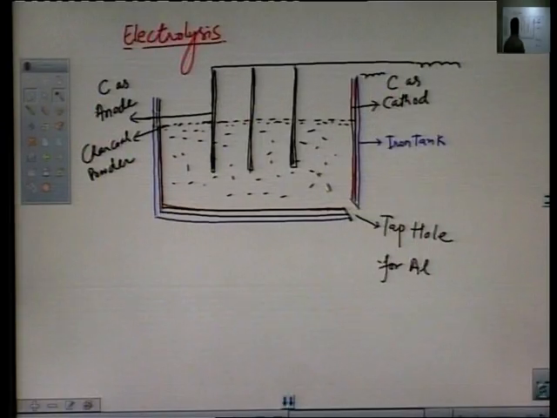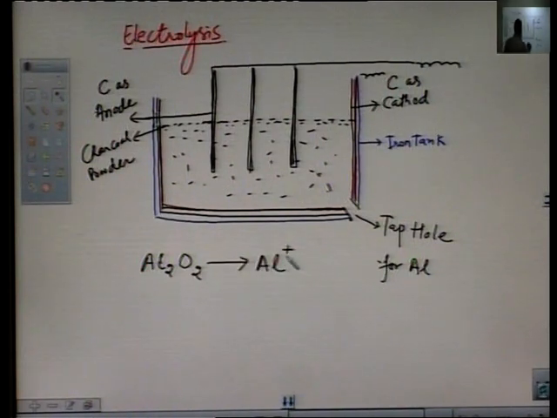So the different reactions at cathode and anode are as follows. Aluminum oxide is broken into aluminum plus oxygen.